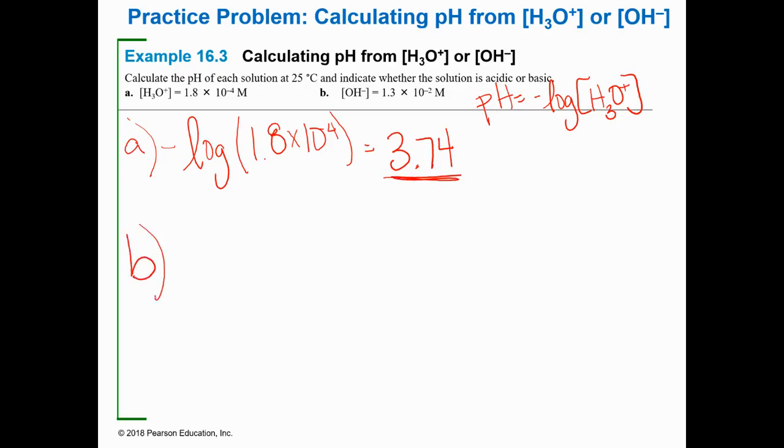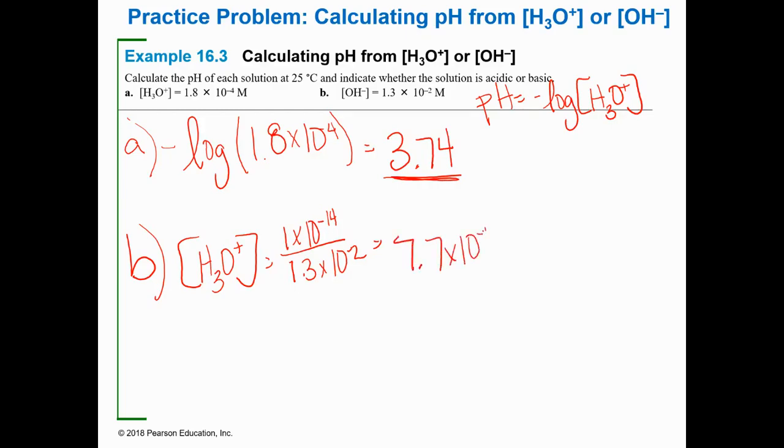For B, though, I have OH. So first I have to find H3O+. And I do that by doing KW divided by OH. Okay, and I get 7.7 times 10 to the negative 13.